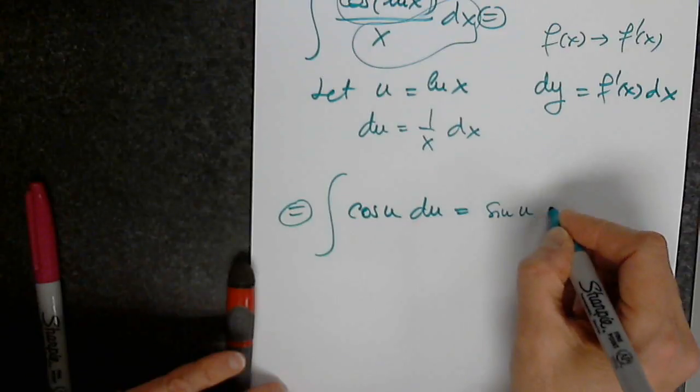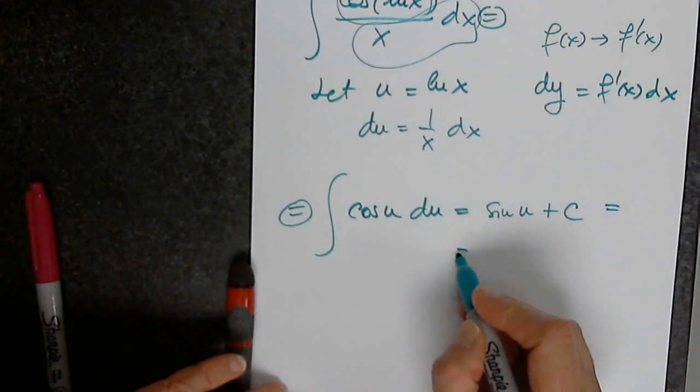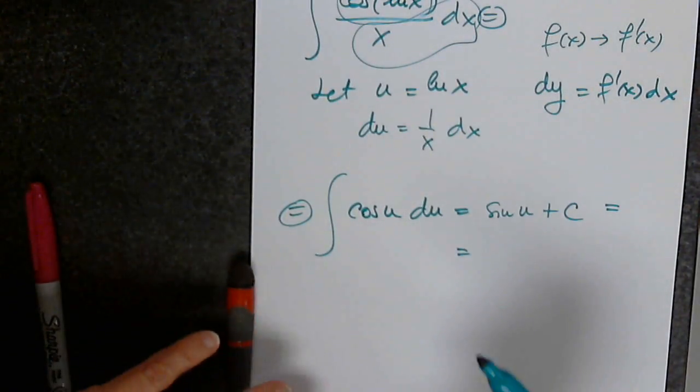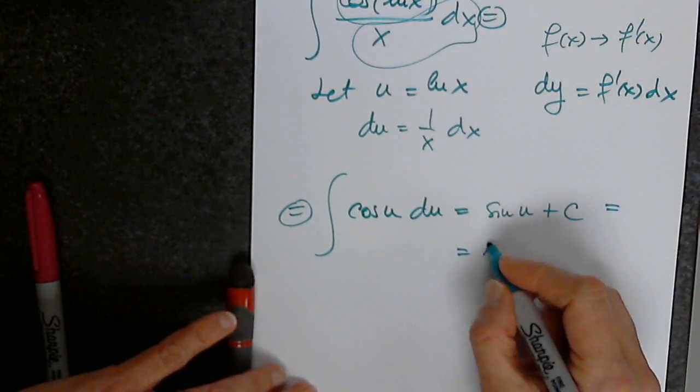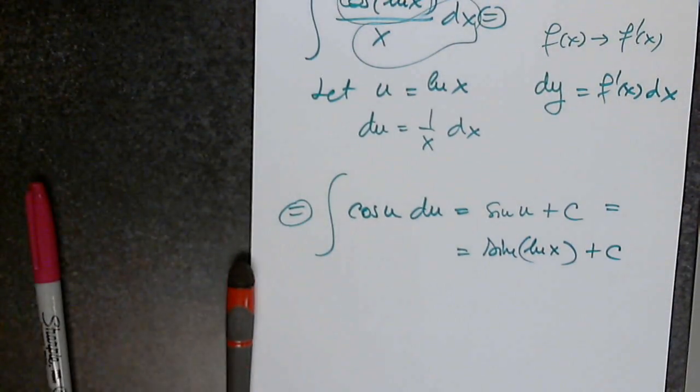Well, the answer is sine u plus a constant c. However, because it's an indefinite integral, I have to replace u by natural log x. So sine of natural log x plus a constant c. Is that okay? Good.